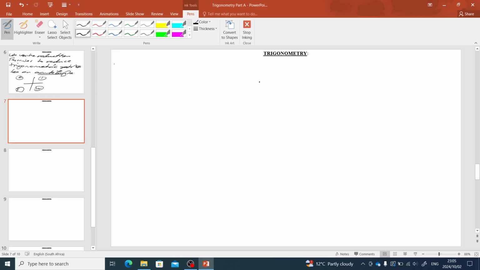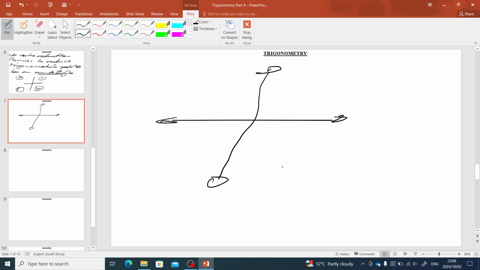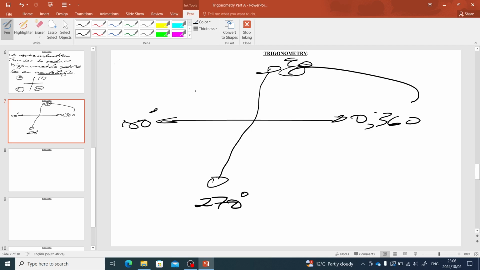Okay, another thing that I want us to look at is the negative and positive angles, so that we can apply what we are supposed to know in solving trigonometrical sums. Now, we are having 0 degrees, 90 degrees, 180, 270, then 360 degrees. When we are rotating anti-clockwise, all angles are positive.